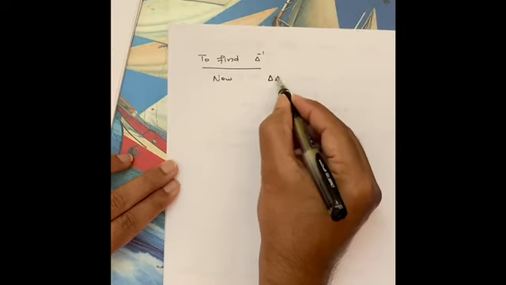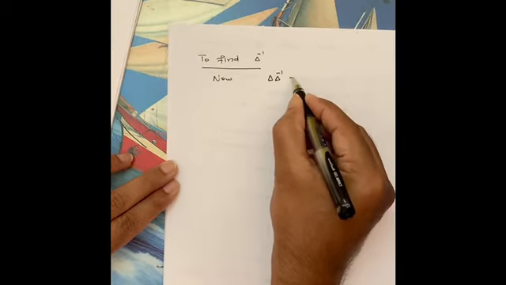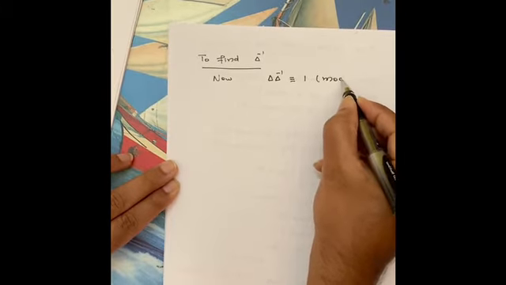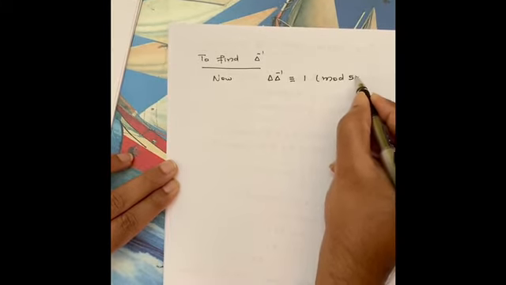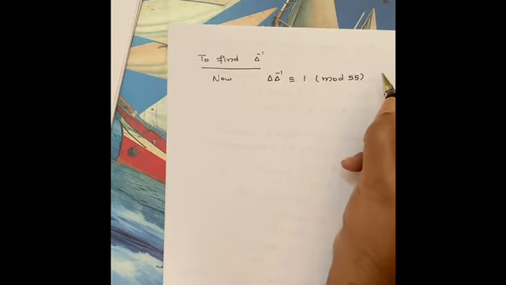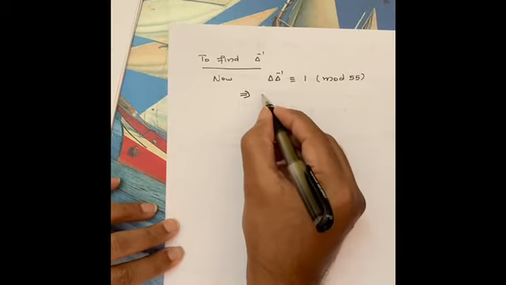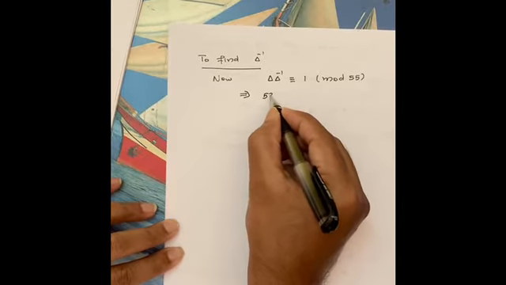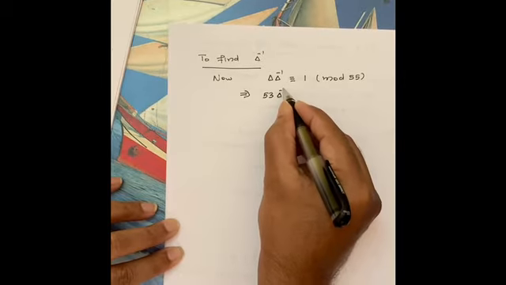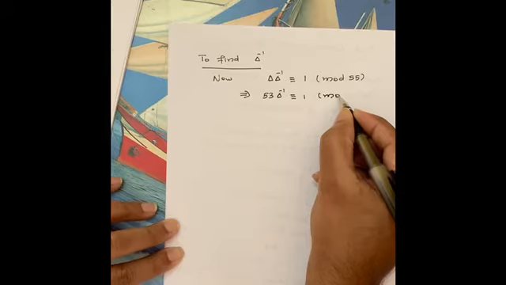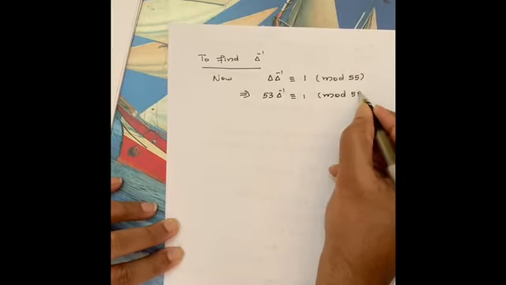Delta into delta power minus 1 is congruent to 1 always, modulo 55. Any number multiplied with its inverse, we are getting 1. So what is delta? Already we found it is 53, times delta power minus 1 congruent to 1 modulo 55.